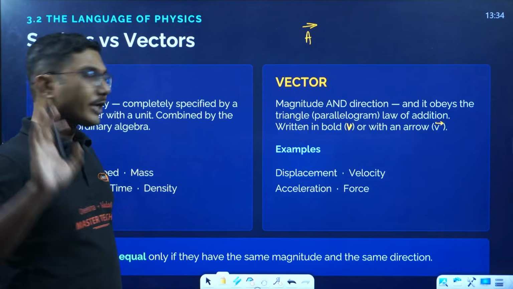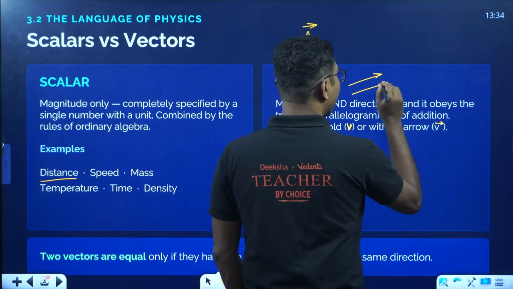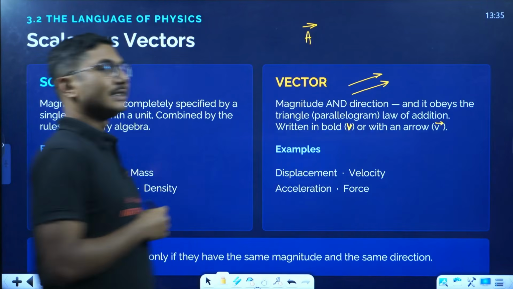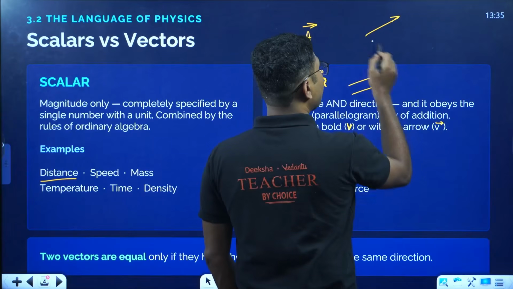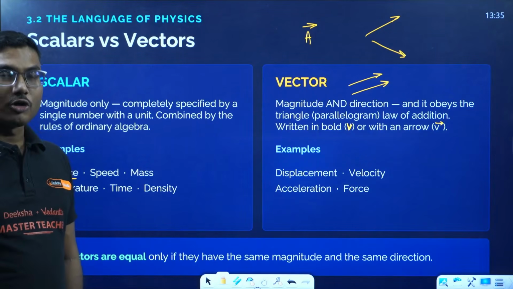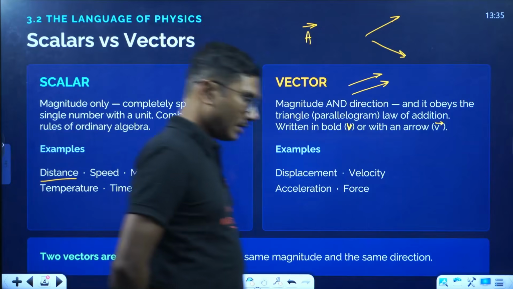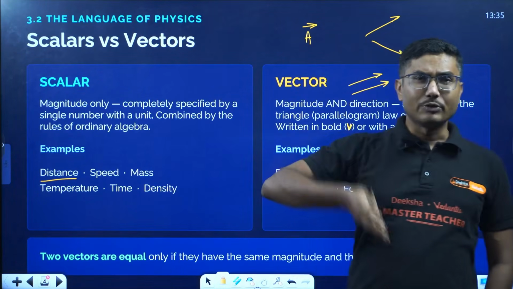So two vectors will be called equal vectors if they have the same magnitude as well as the same direction. If both of them have equal magnitude but do not have the same direction, we will not call them equal vectors. So equal vectors means same magnitude and same direction.